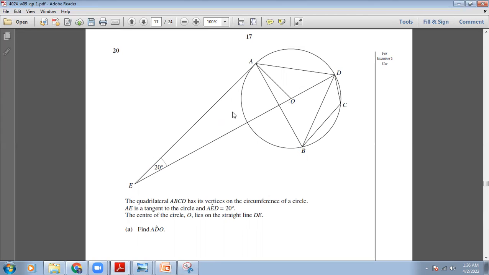So from 180, I will subtract 20 and 90, and I will be able to find out the AOE. And then half of the AOE will be the ADO, because these 2 points are coming to the center and these 2 points are going back to the circumference. So the angle at the center is 2 times the angle at the circumference.